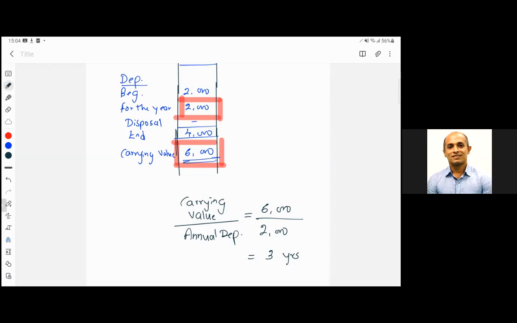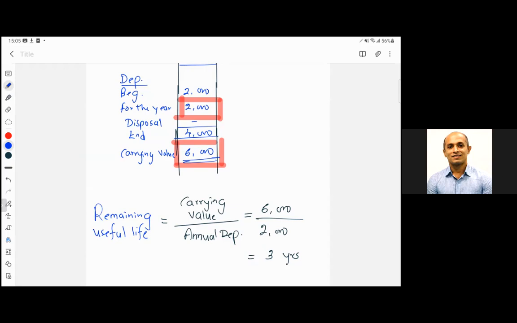The meaning is the remaining useful life. So this asset has a remaining useful life of 3 years.